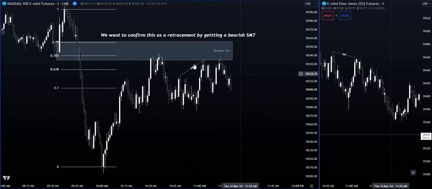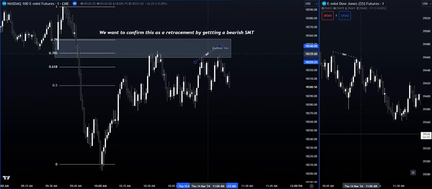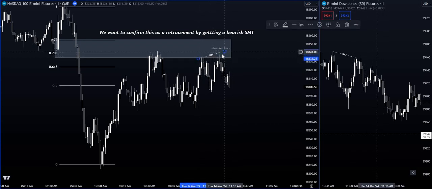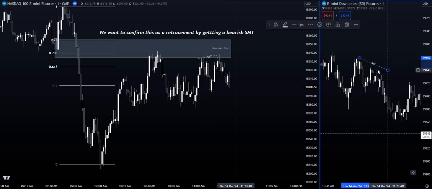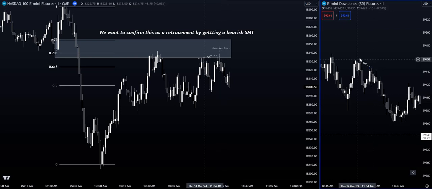So using this SMT, and we can probably even move this SMT to right here, because this is the more recent SMT, right? Which would be from here all the way up here to all the way down right here. Okay, so we can even use this SMT.